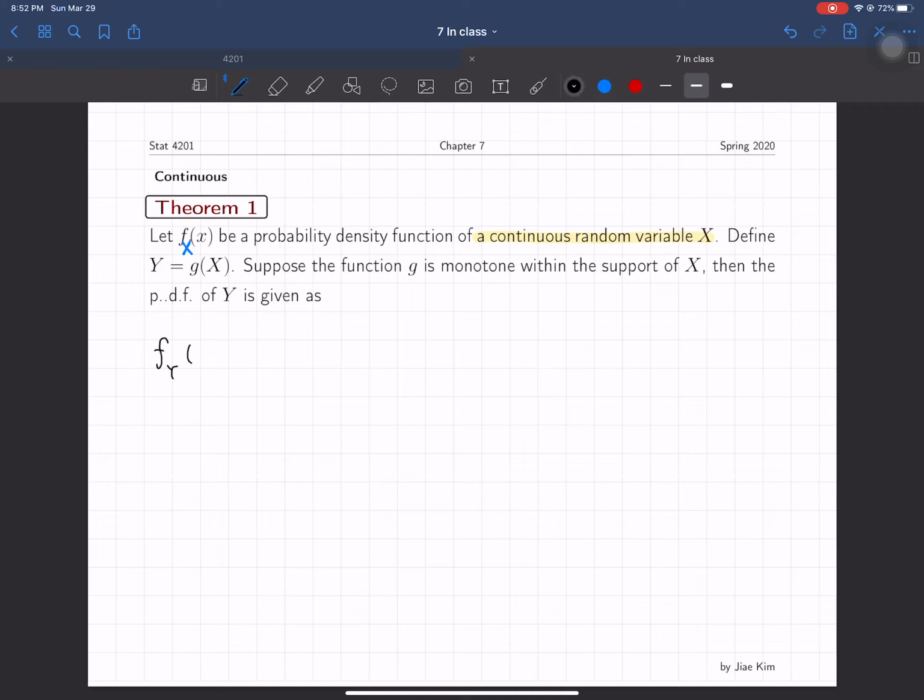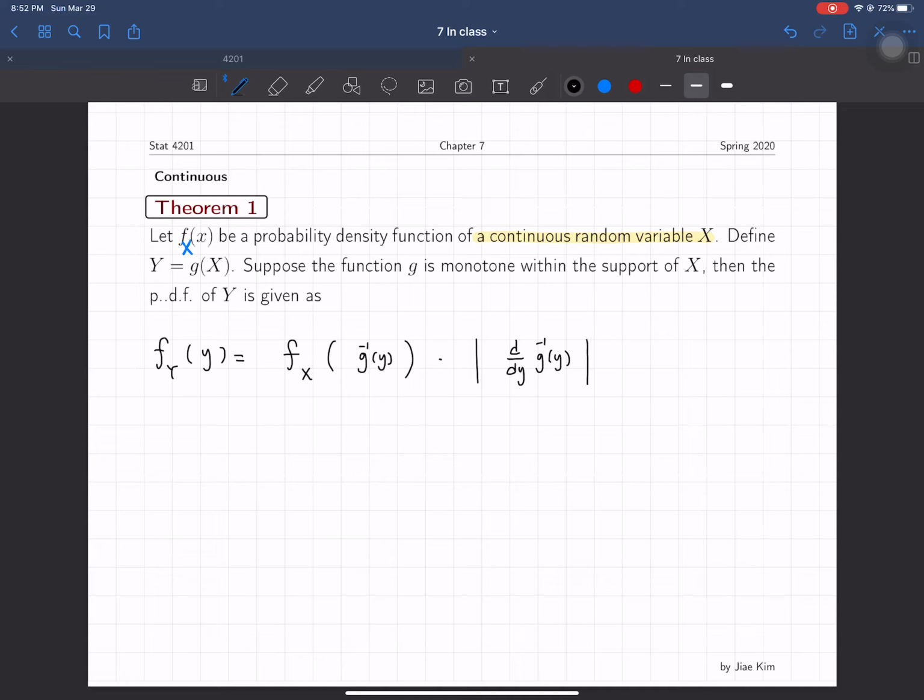What we do is we obtain the PDF of y through the PDF of x by plugging in the inverse of g. That's why g has to be at least monotonic or 1-to-1 within the support of x, and multiplied by the derivative of the inverse function.